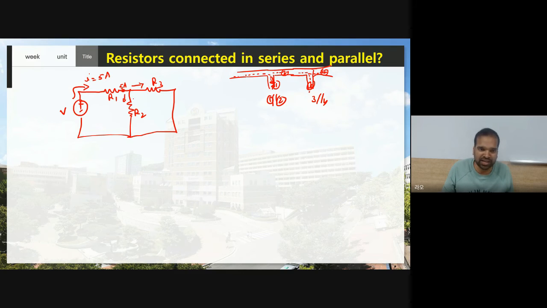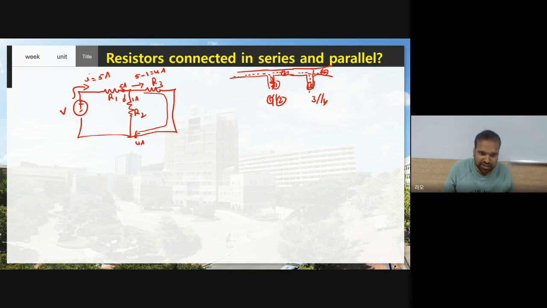Let us assume that 1 ampere current is coming towards R2. So if 1 ampere is coming, what is the current flowing at R3? The total current, 5 minus 1 ampere, equals 4 ampere. Now 4 ampere current is flowing through R3 and it is not going to be divided anywhere.